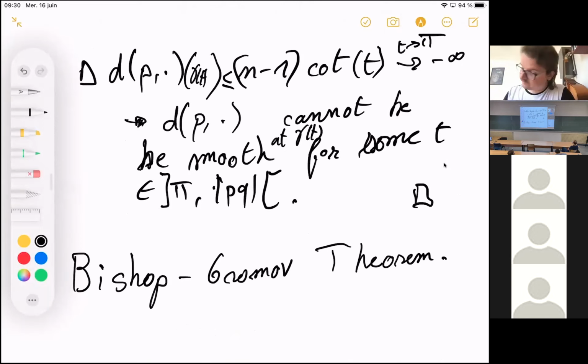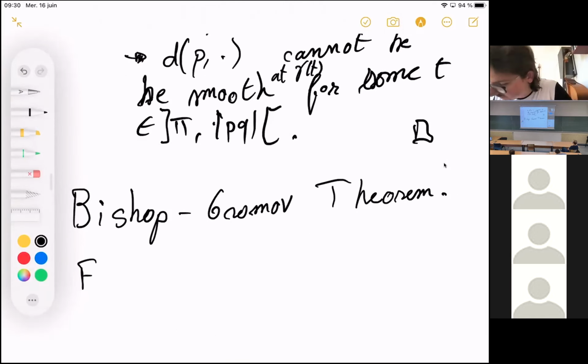Okay, so we said that the Ricci curvature did control the evolution of the mean curvature of distance hypersurfaces, or we might as well, if we consider distance to one point, of distance spheres.